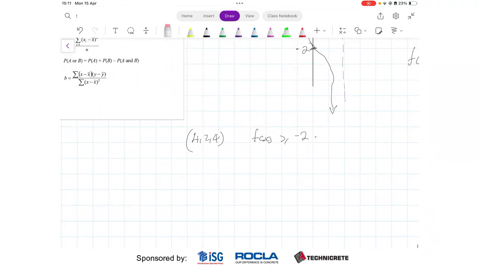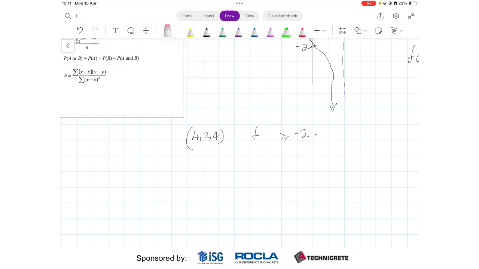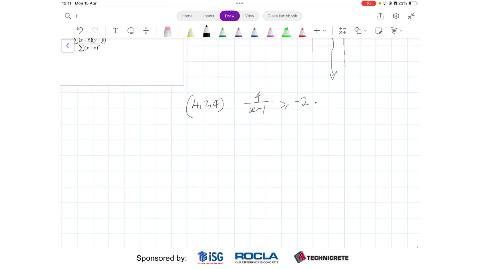So please excuse that. We need values for which 4 over x minus 1 is greater than or equal to negative 2. Immediately transposing, we can then say 4 over x minus 1 plus 2 is greater than or equal to 0, right?